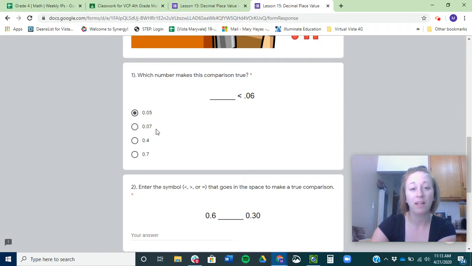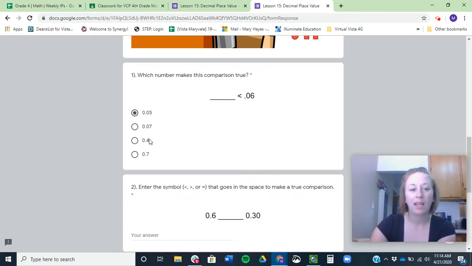0.07, well, that value is 7 hundredths. Is 7 hundredths less than 6 hundredths? No. 0.4. That value is 4 tenths. Would 4 tenths be less than 6 hundredths?